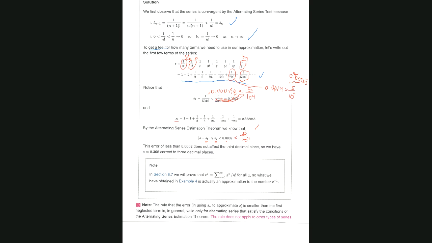It equals 0.000198. That's less than 5 over 10 to the 4th. Therefore, that means that the first 7 terms of the series, if you add them up, you will get an approximation that's accurate to the true sum of the series, correct to 3 decimal places.